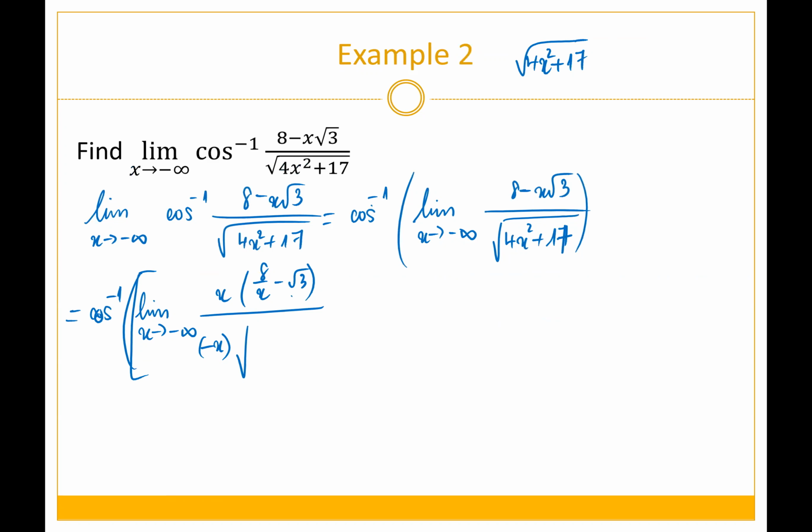The Hospital rule is just applied for the seven indeterminate forms: infinity over infinity, 0 over 0, infinity minus infinity, 0 times infinity, and then we have 1 to the infinity, and then also infinity to the 0 or something.